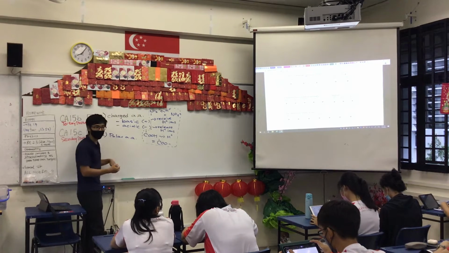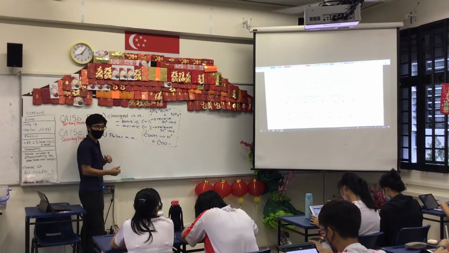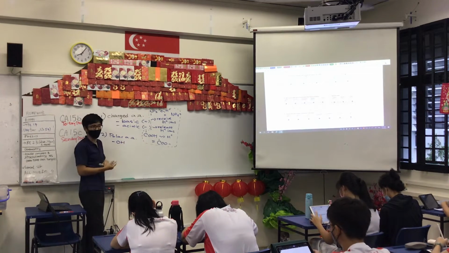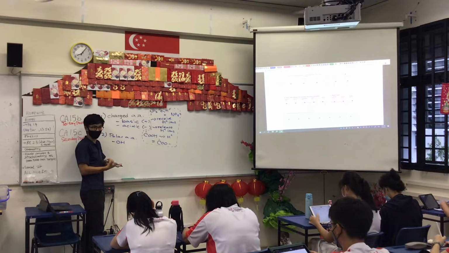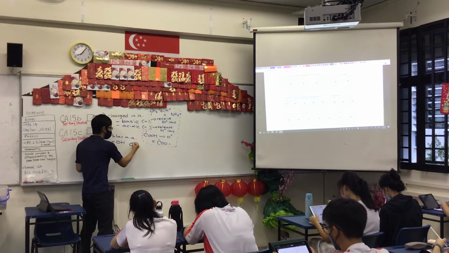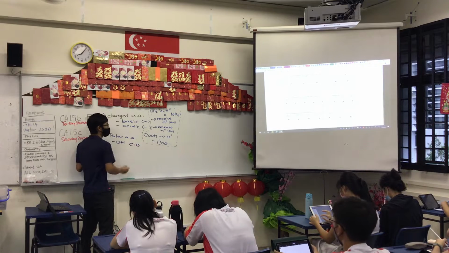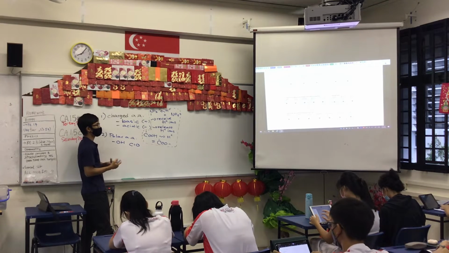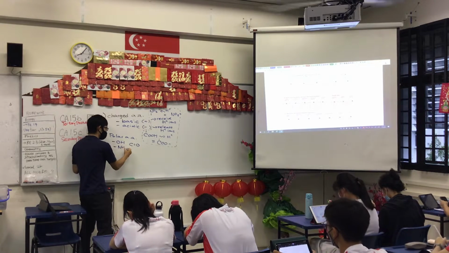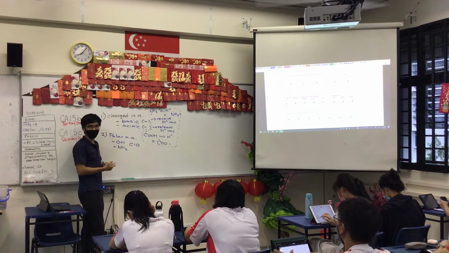How do we tell something is polar? Usually if you see an OH group, then it's going to be polar. Other signs that may be polar, maybe you will see a C double bonded to O. Or if you see an NH2, these are signs that they are polar.